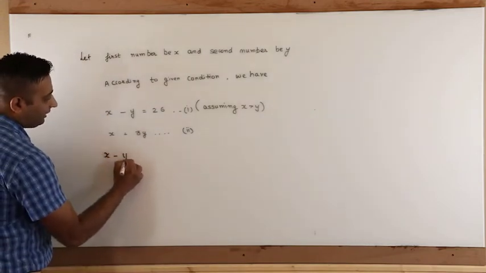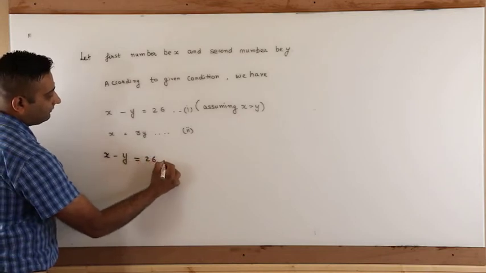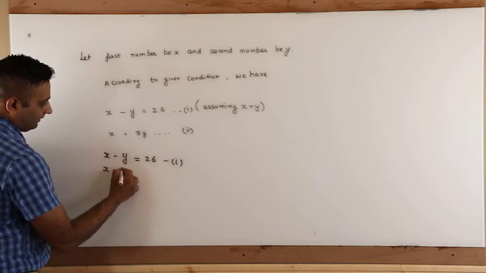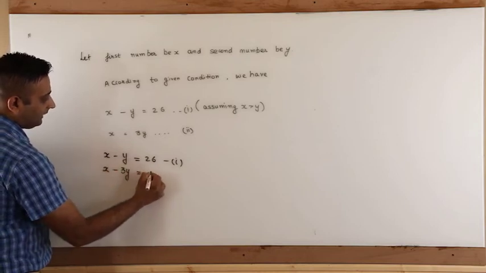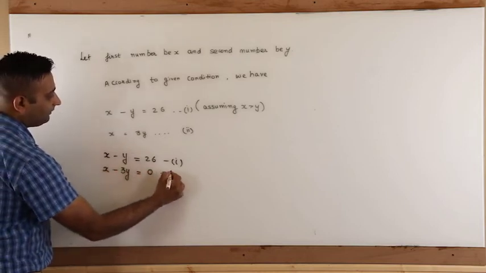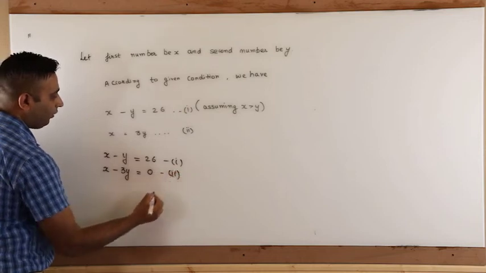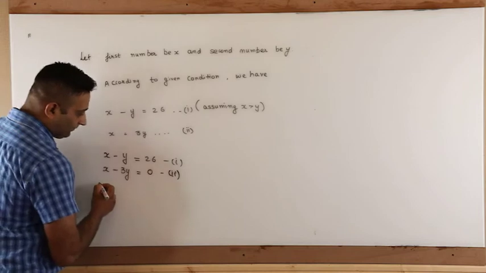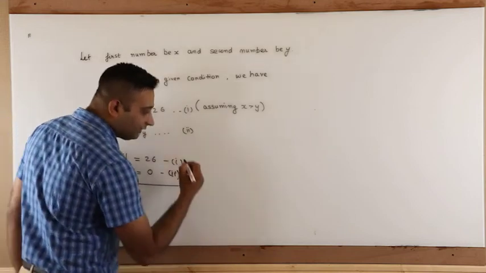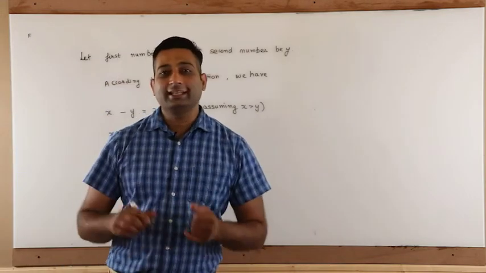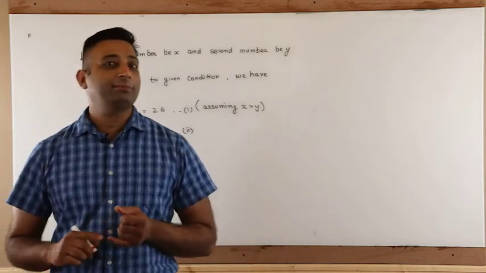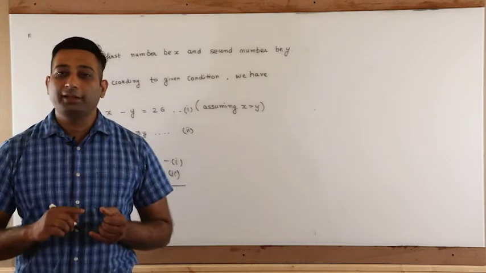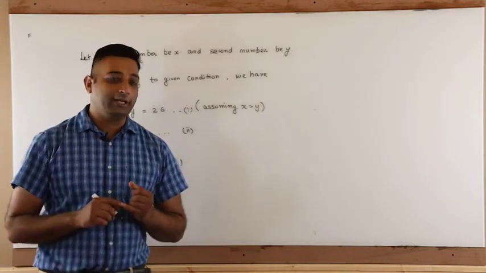Let us rewrite equation number 1 and also rewrite equation number 2 in the transformed manner so that all the variables are on the left hand side. Now using any one of the three methods we have discussed, that is substitution method, elimination method and cross multiplication method, we can solve this pair of linear equations in two variables.